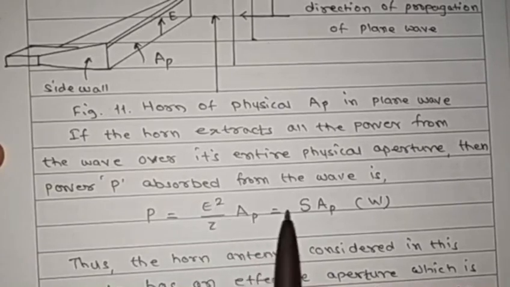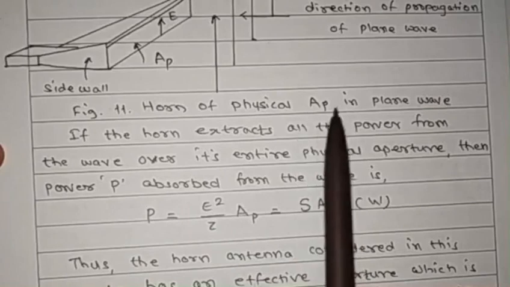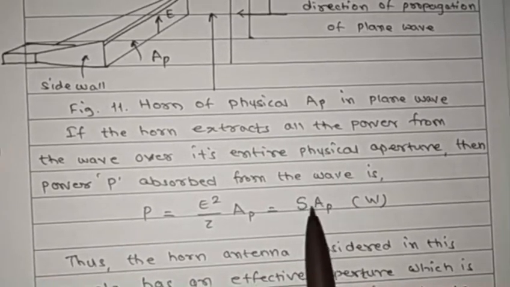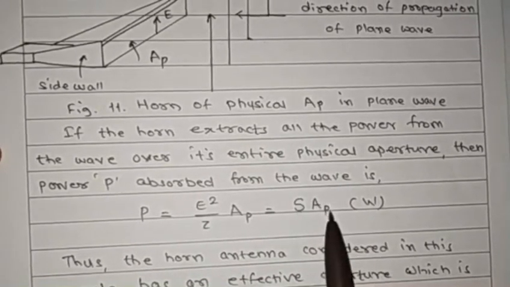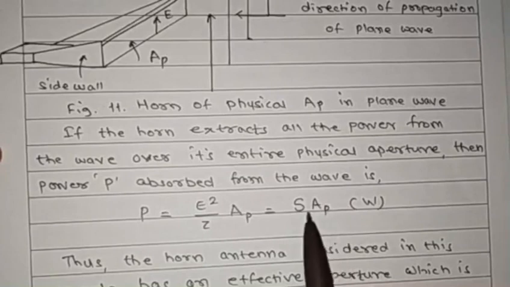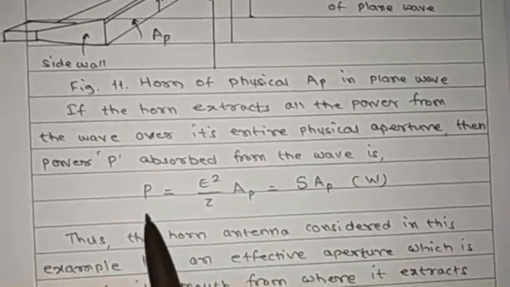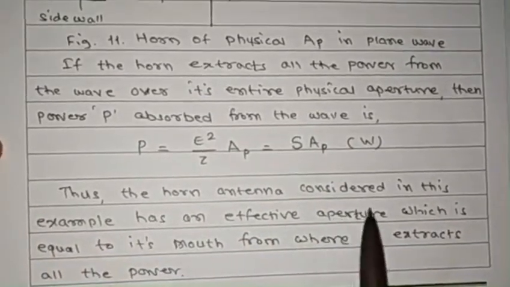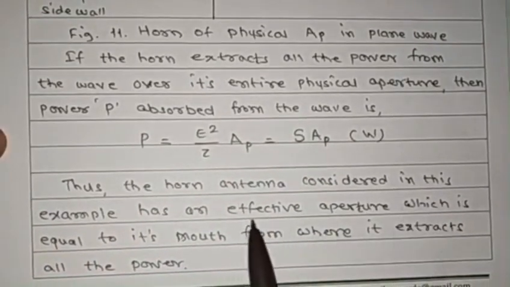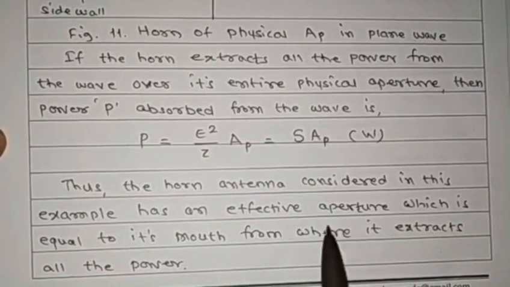So this term becomes S, which is nothing but a pointing vector, and AP becomes the physical aperture. The term S into AP is defined in terms of watt because it's a power term. Thus, for the horn antenna we have considered, the entire power is currently being received from the mouth, so that is its effective aperture.